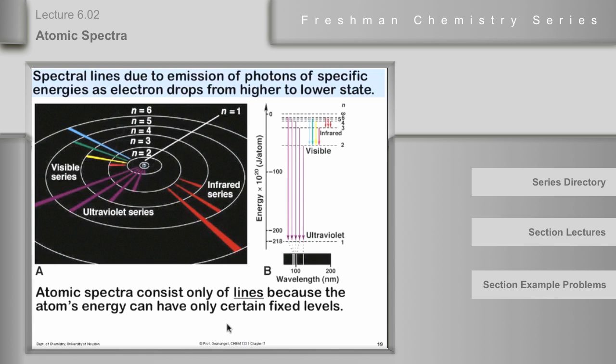Questions on this? Yes, go ahead. She said, does each atom have its own set of these energy levels? And according to Bohr, they did. He didn't get it quite right as far as what the values were, though.